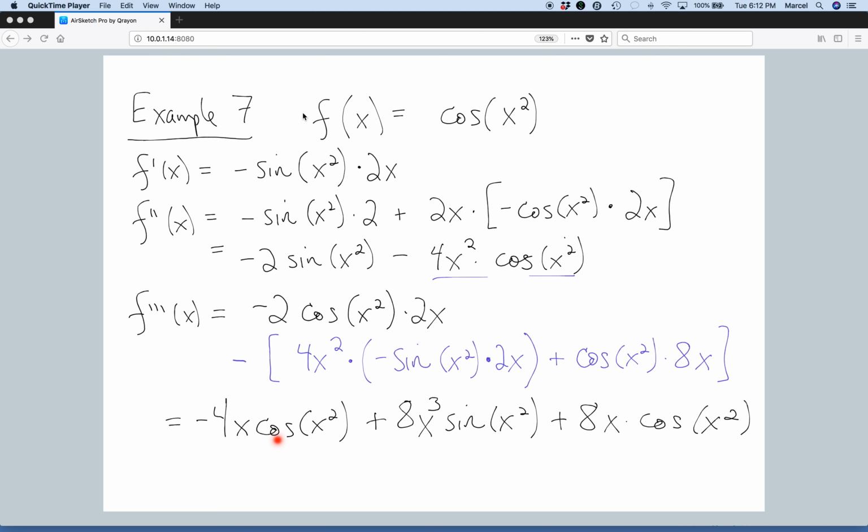And this illustrates we had a pretty simple original function. And when we started doing higher order derivatives, we got pretty complicated pretty quickly. It tends to be chain rule and product rule that makes these things get ugly like this.